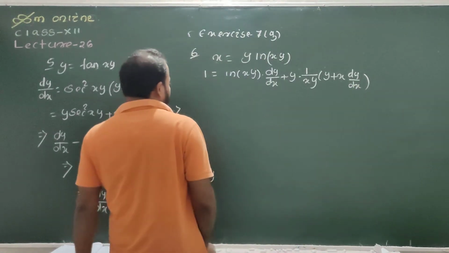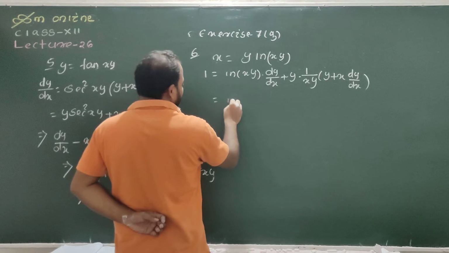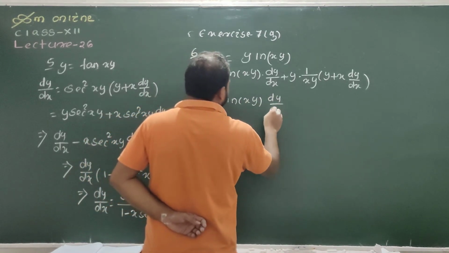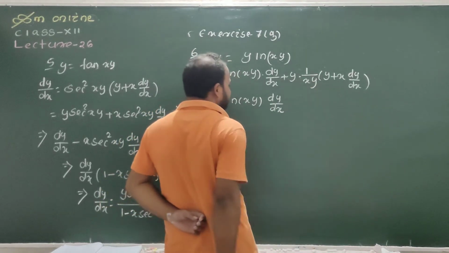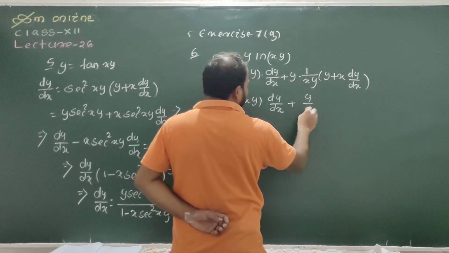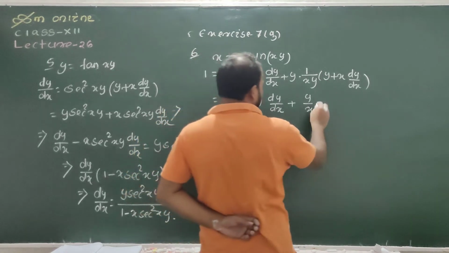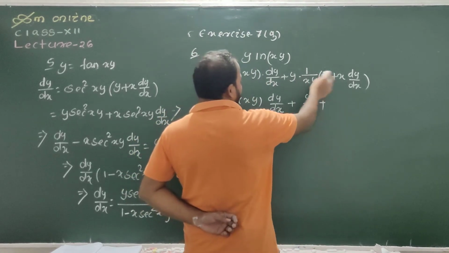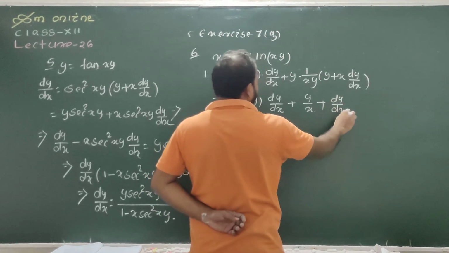It is equal to ln of xy dy/dx. Y cancels, and this is plus y upon x. Y cancels, y upon x plus, this is y cancel, x cancel, dy/dx.